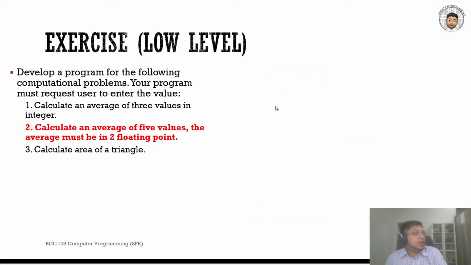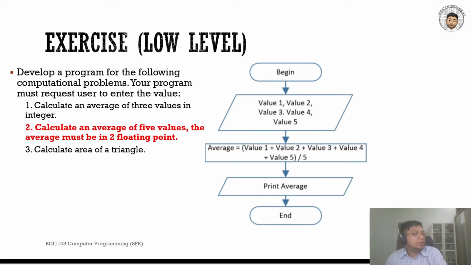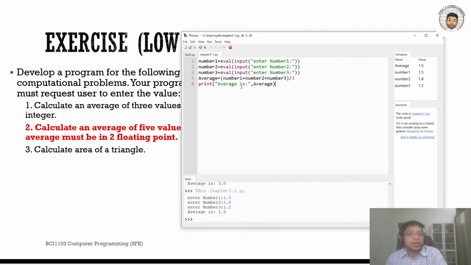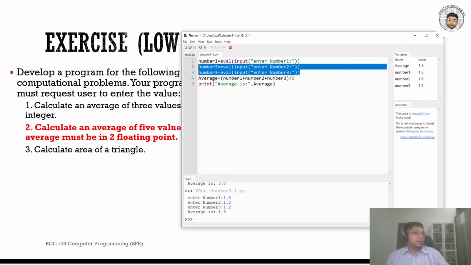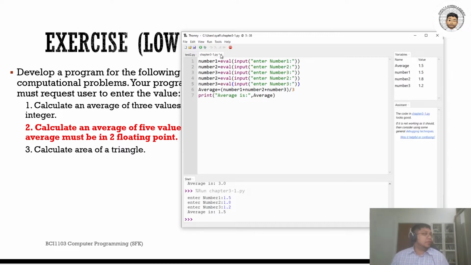So next one, for the second point, calculate the average of five values. Same thing. If you look at my Tony here, you just increase by two more numbers, number 4, number 5. We divide by 5, add another two numbers at the back.